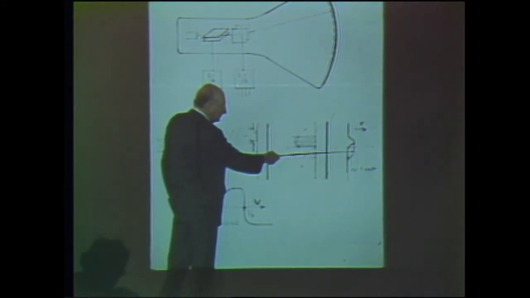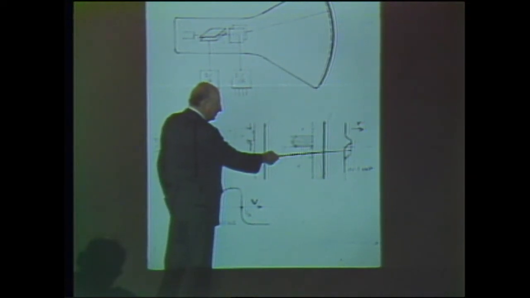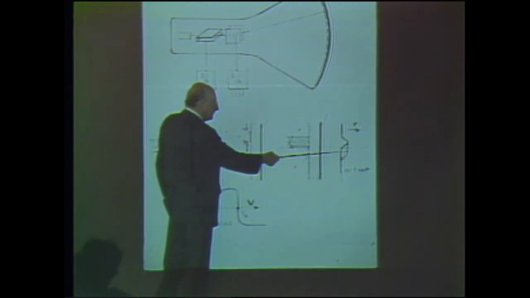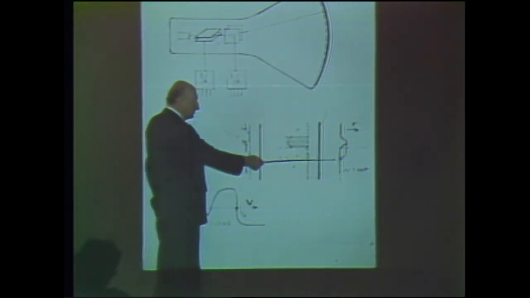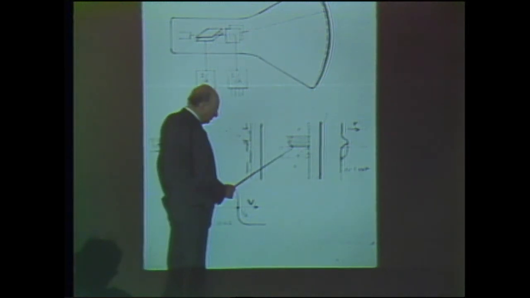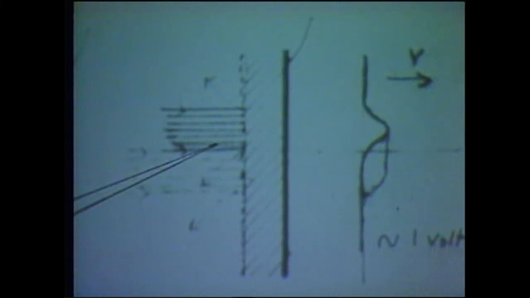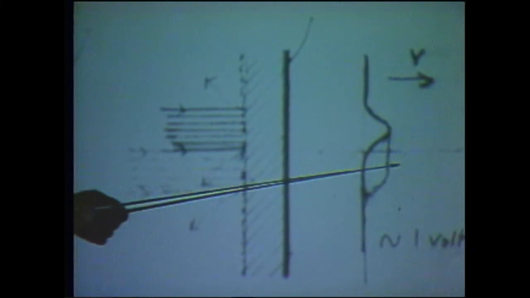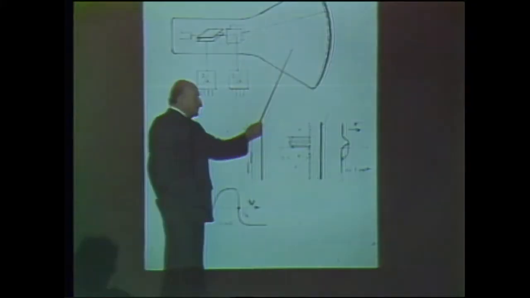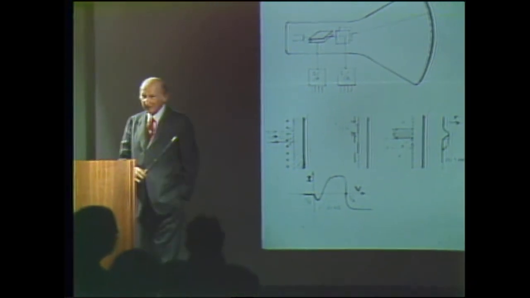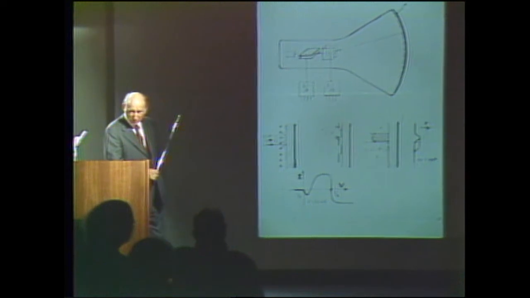If the screen was originally positive, nothing will happen, because it's already at the potential to which it should be established. On the other hand, if it wasn't, it would go positive and induce a slight signal on the back plate.